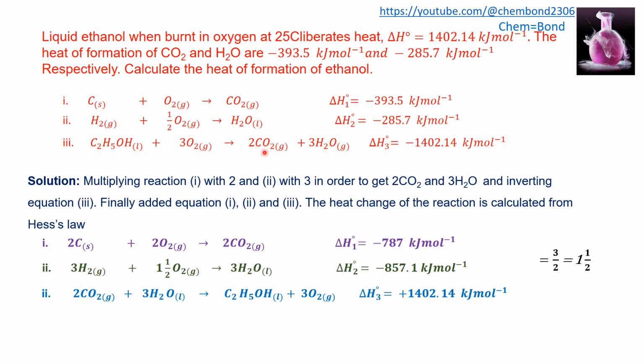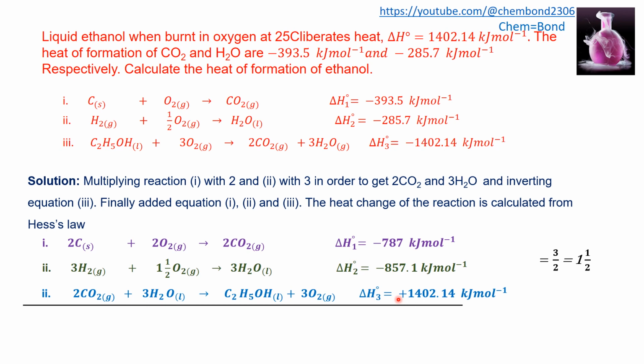Inverting reaction 3, here the 2 moles of carbon dioxide will combine with 3 moles of water and produce ethanol and oxygen. Also reversing the sign of enthalpy, here it is given as minus and we will convert it to positive.